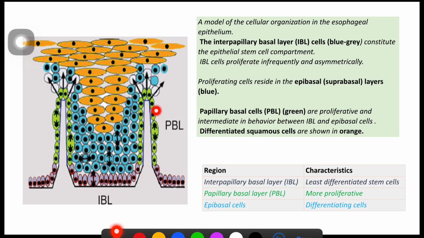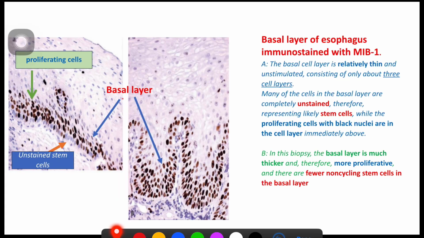These are proliferative and differentiate into squamous cells, here the orange colored squamous cells. The IBL has the least differentiated stem cells, while the papillary basal layer is more proliferative and the epibasal layer is mainly differentiating cells. So, normally this is the basal layer containing stem cells.